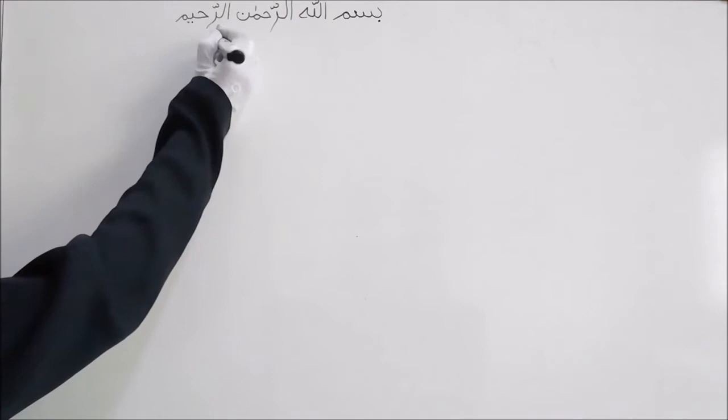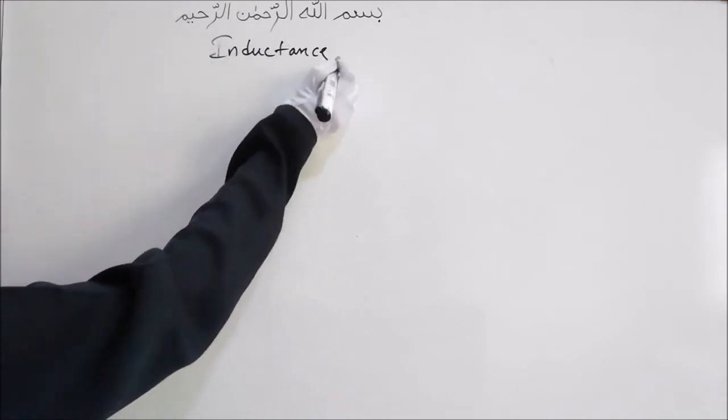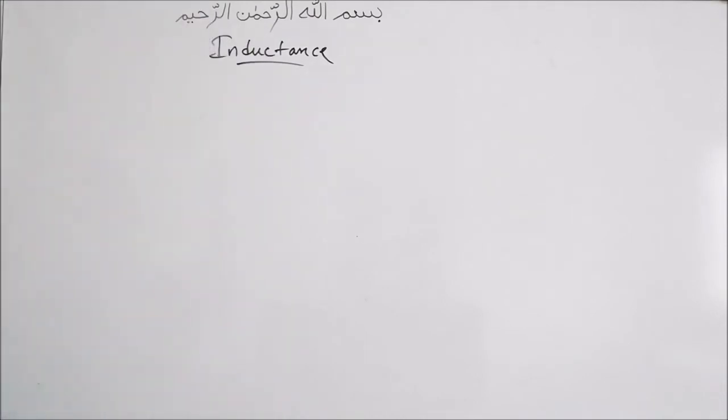Now we will look into inductance. Electromagnetic induction is the generation of current in a coil due to a changing magnetic field. A common example of this is a transformer, right?